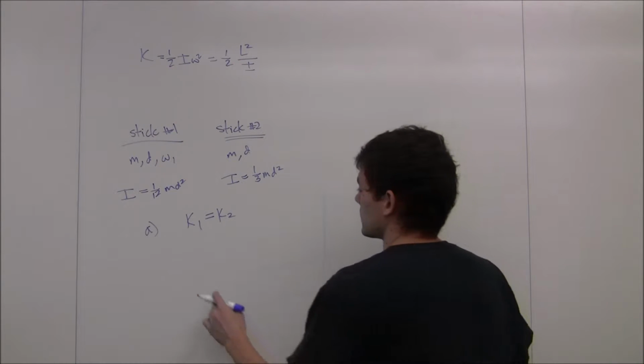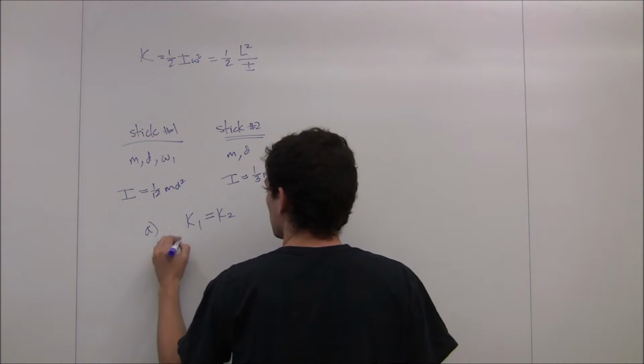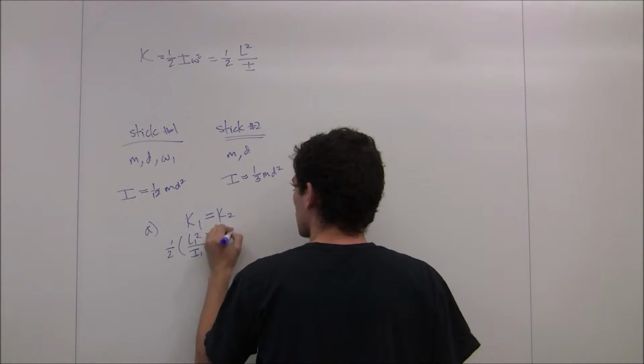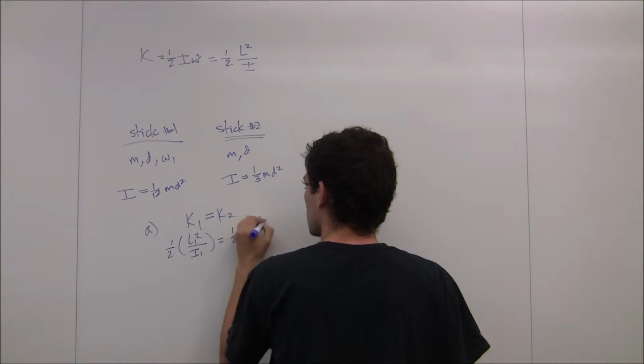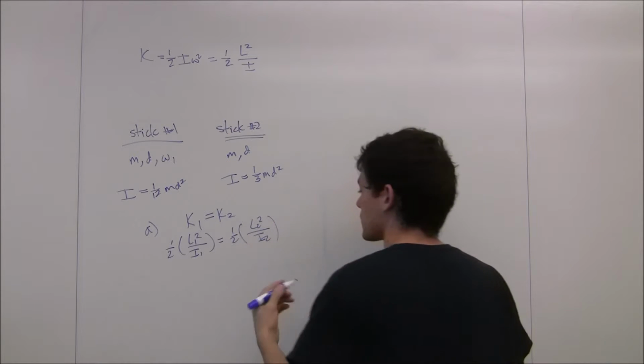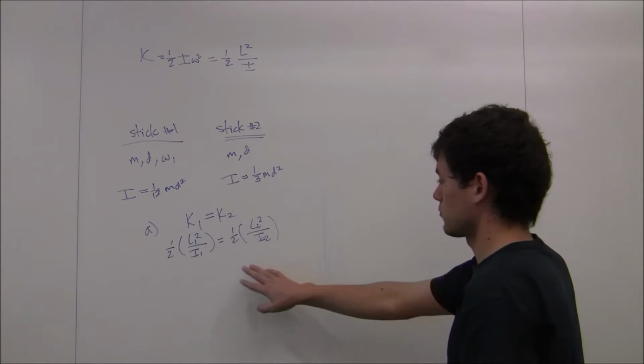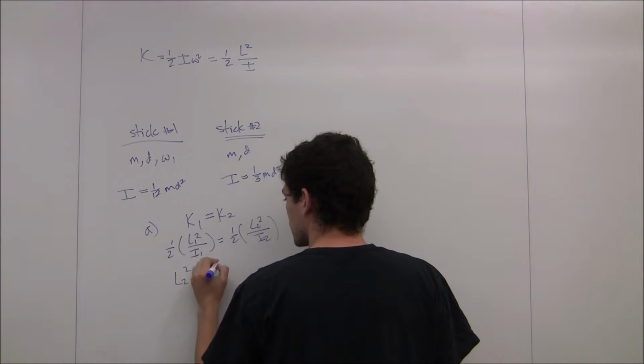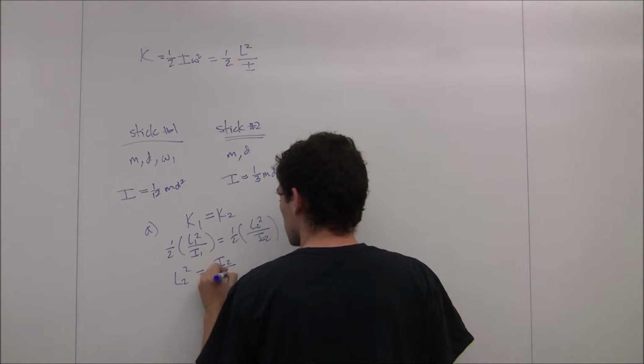So we're going to plug that into this formula right here. We get 1 over 2 L1 squared over I1 is equal to 1 over 2 L2 squared over I2. And then it's a fairly simple thing to just rearrange the formula. We get L2 squared, isolating that, is equal to I2 over I1 times L1 squared.